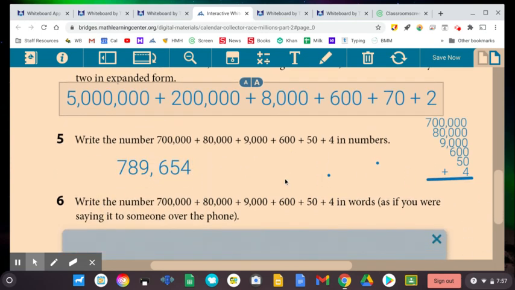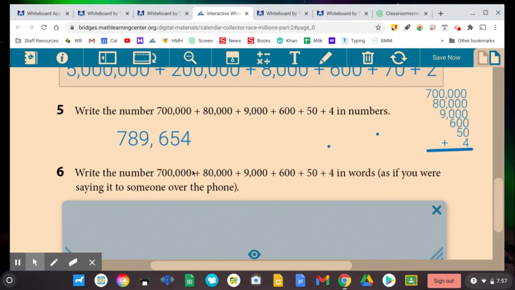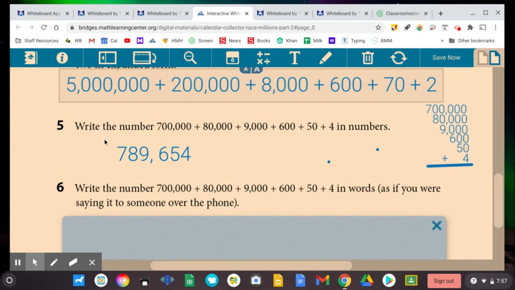Okay, and the last one, writing this number as if you were going to say it, but you have to say it in words, like if you were saying it to someone over the phone. Now, what I mean by that, you don't say that this number of 789,654 as 700,000, 80,000, 9,650, and 4.